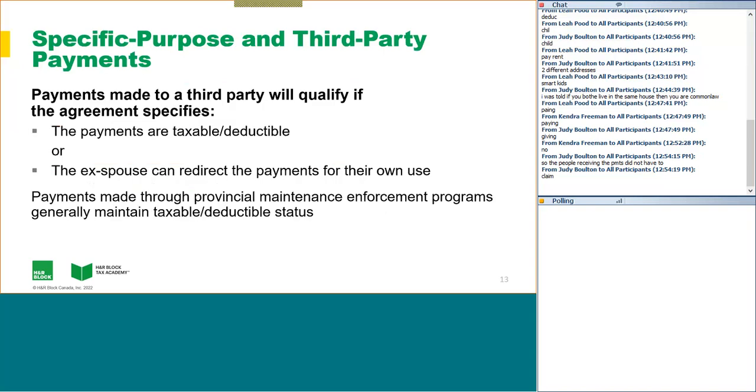Good. Specific purpose and third-party payments. So they're only going to qualify if the person receiving the money is the person getting it. So for example, you can't say, "I'm not going to pay you, but I will pay the private school and I will pay insurance for the kids, but I'm not going to give the money to you."